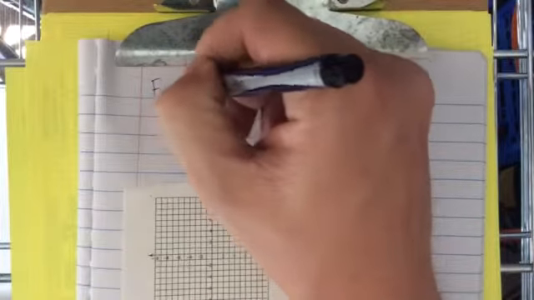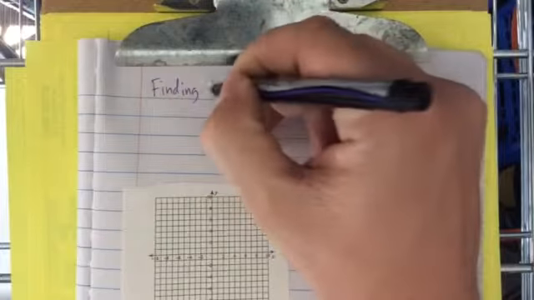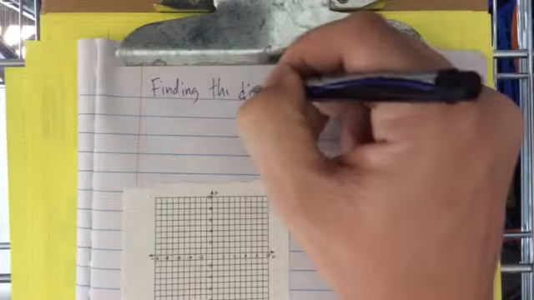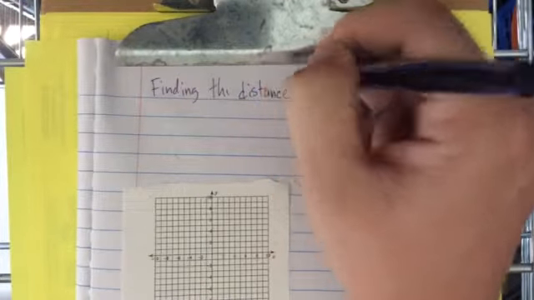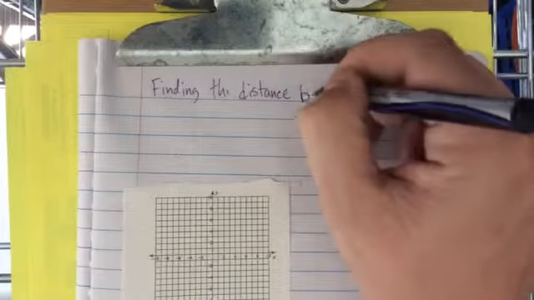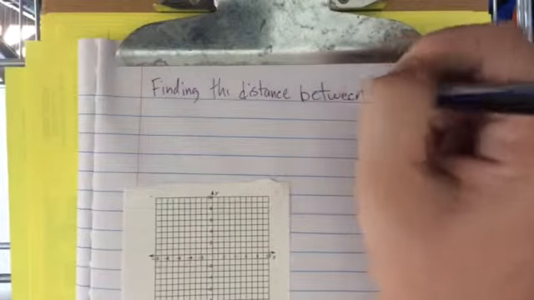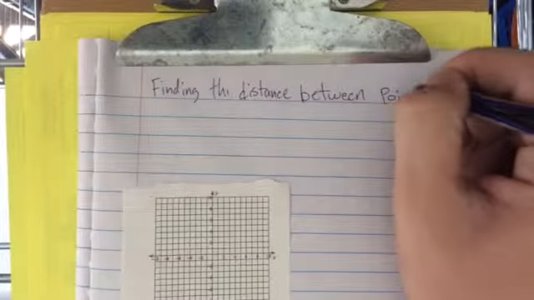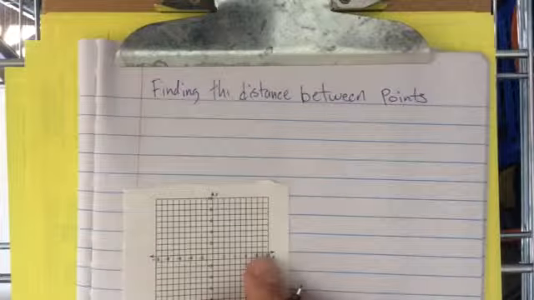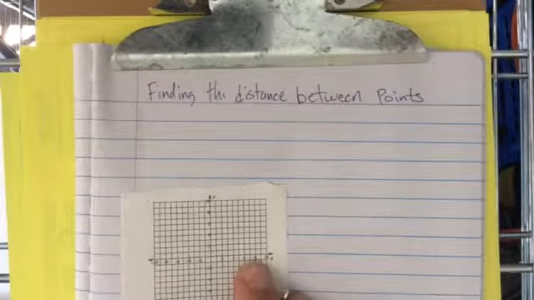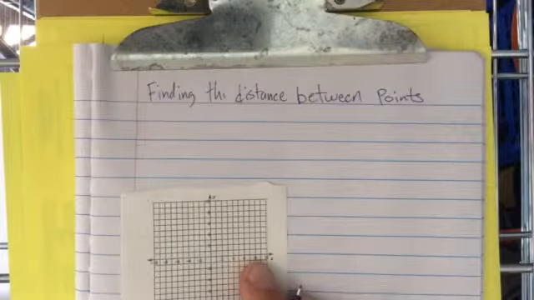So page 71, once again, we're finding the distance between 2 points. And we're going to have 4 steps in doing so.